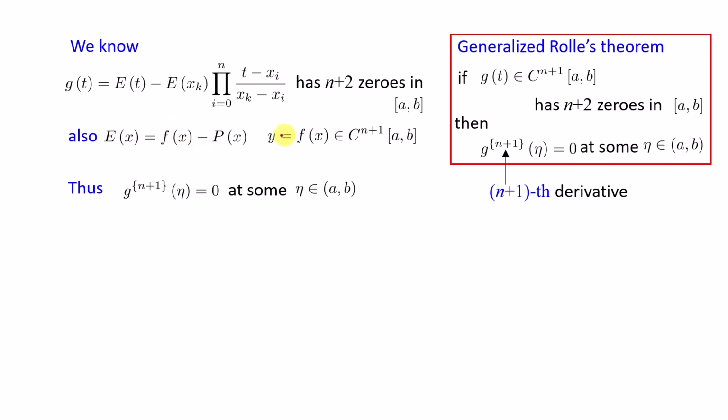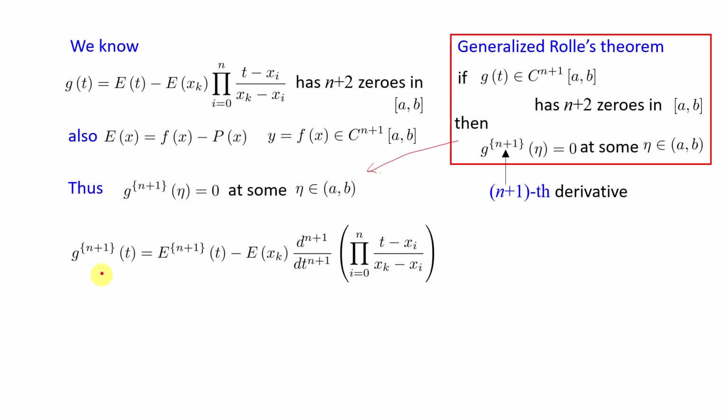Thus, using this theorem, we can clearly say that the n plus 1th derivative of g at a certain eta, which we don't know, will be 0. So at some point within the open interval ab this derivative will be 0.